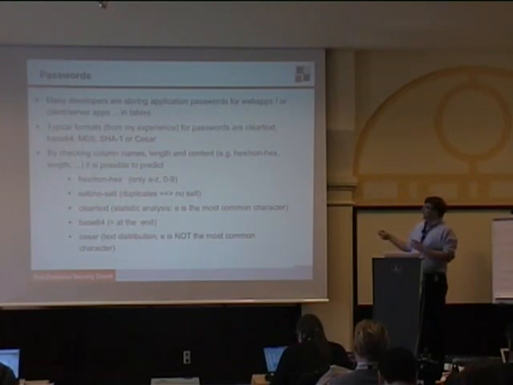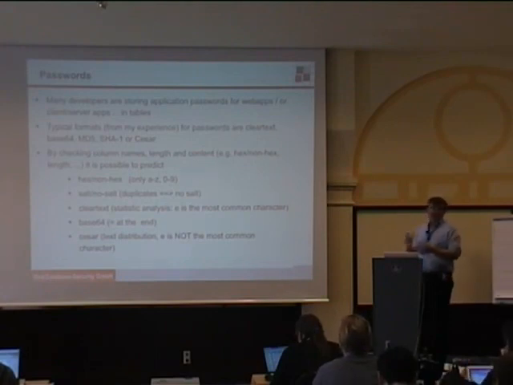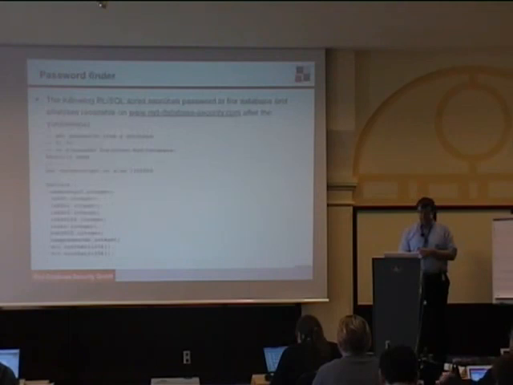If it contains only hex code, then you know it's probably a hash value, and then depending on the size, you know it's MD5, and MD5 is quite common in the Oracle world. If there are duplicates in a column, then you know salt is not used. With statistical analysis, you can count how many E's are available in all the passwords, or base 64. But from our experience, the most common is clear text.